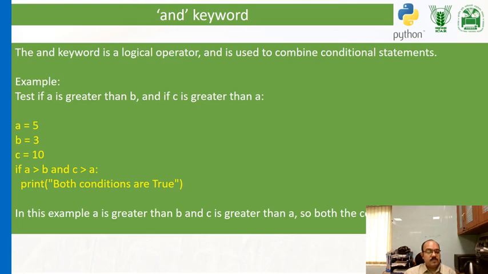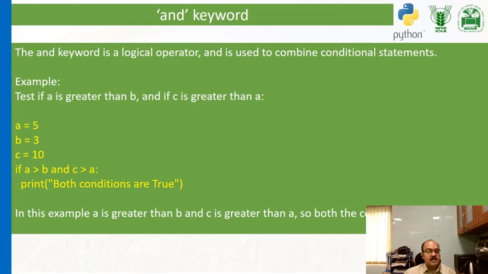For example, we want to test if a is greater than b and if c is greater than a. Say a is equal to 5, b is equal to 3, c is equal to 10. We check if a greater than b, which is true, and c greater than a, that is also true. Print both conditions are true.